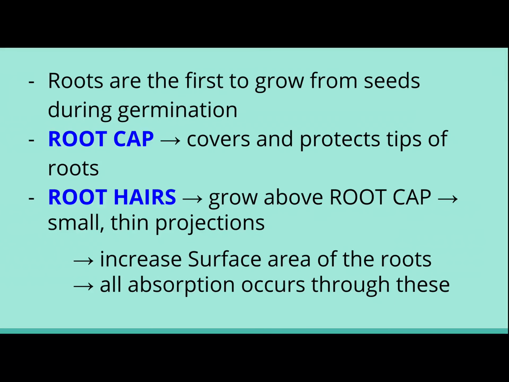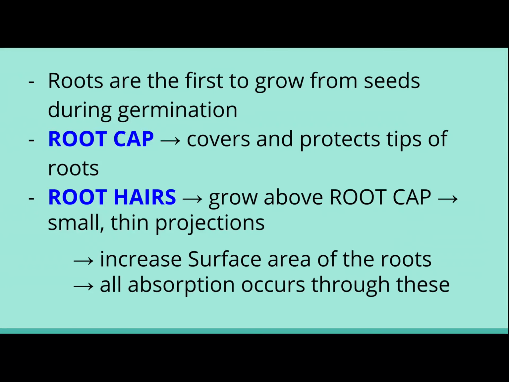Roots are the first, of course, to grow from seeds during germination. We've talked about that before. And all roots have a root cap, which is the very tip of the roots, and they cover and protect the tips of the roots. And then you have these tiny root hairs that grow above the root cap, and these root hairs look just like that.